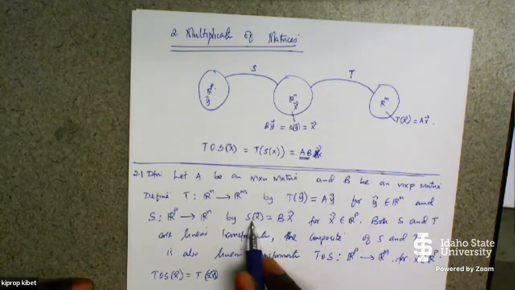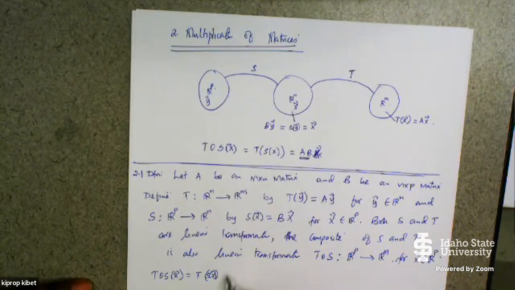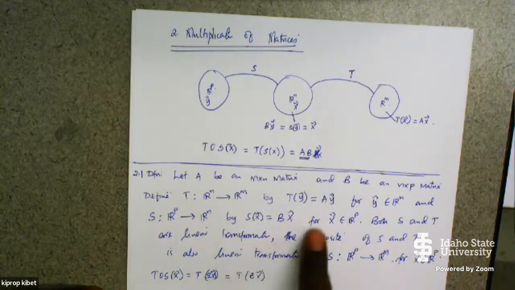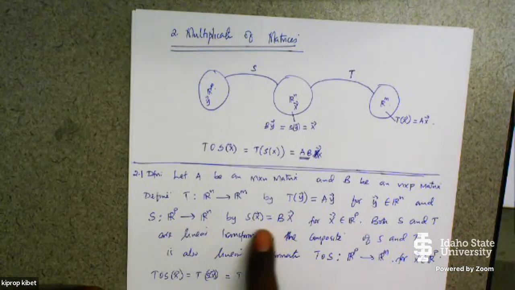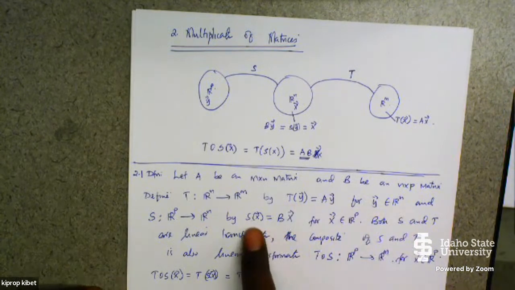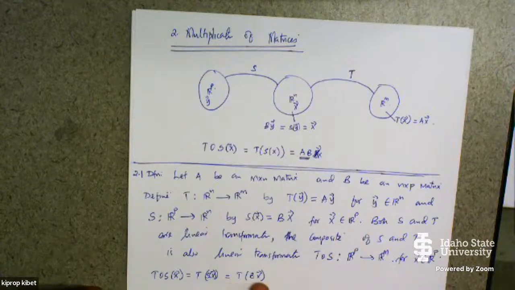And we said this S of x is T of B of x. So this is T of B of x.